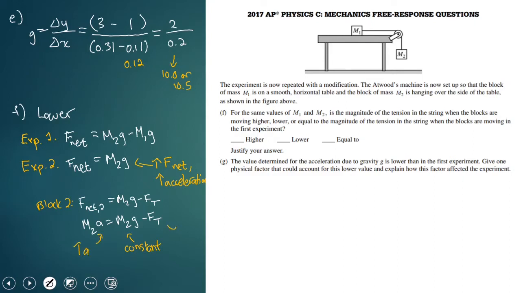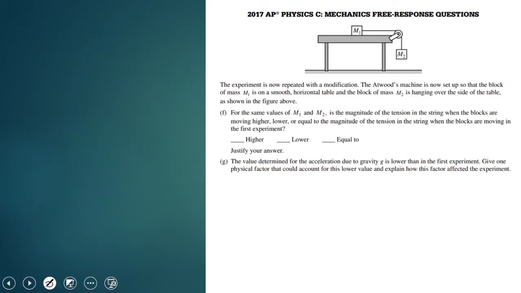So for that to happen, Ft must decrease so that this relationship stays intact. So Newton's second law is still applicable. And so because of that, this is just a proportionality argument. We can say that the force of tension in the second experiment has to be lower or has to decrease to account for this increase in acceleration compared to the first one. So that was question F.